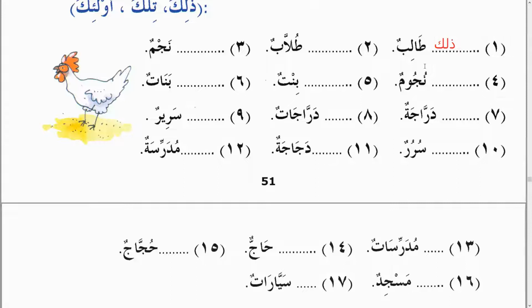That is a student. And remember, we write zalika. Tullabun, these are aqil plurals, so ulaika. Ulaika. Najmun. Zalika najmun. That is a star. Nujumun. Here it will be tilka. Tilka nujumun. Why? Because ghair aqil plural is treated as singular.